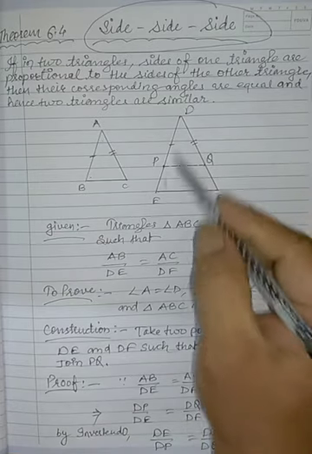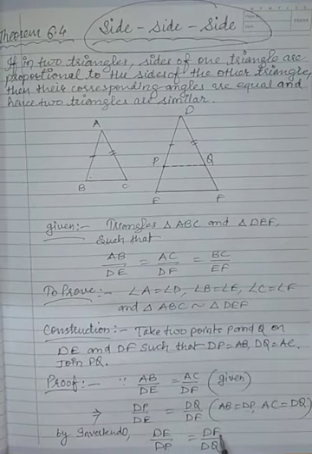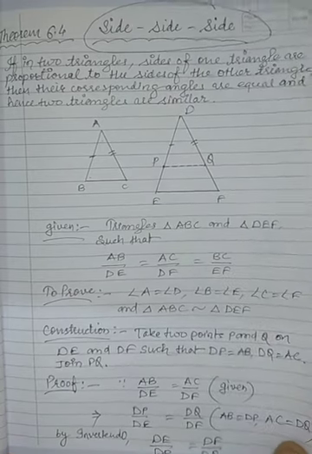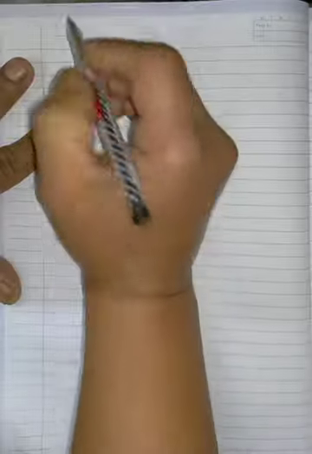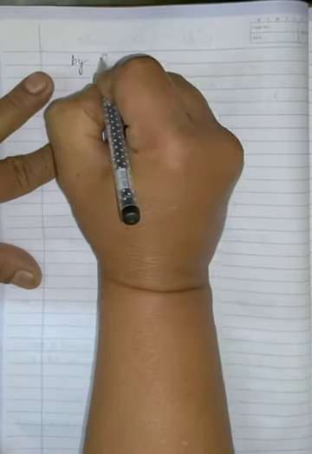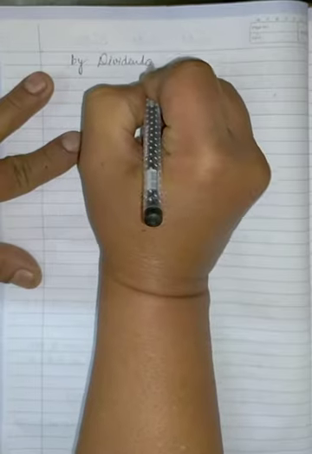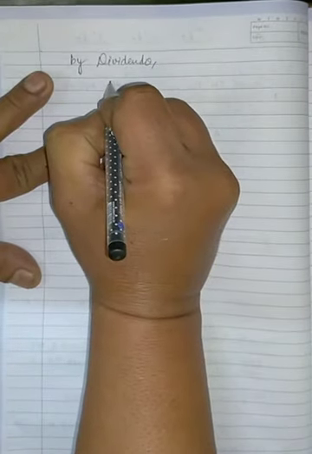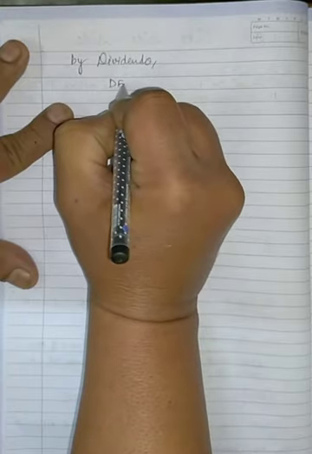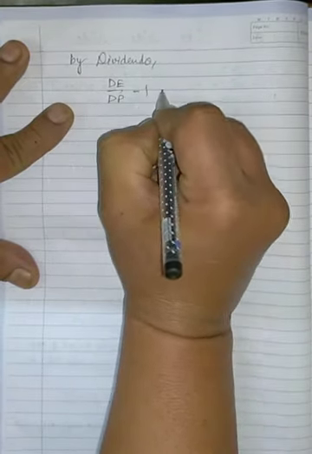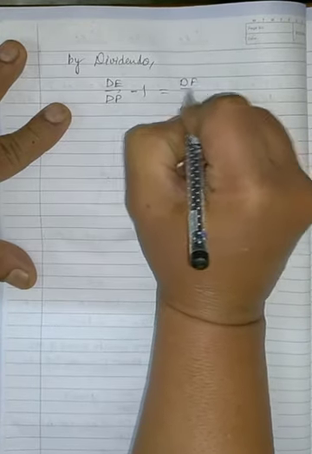Now DE and DF are the whole sides, and if from the whole side we want to take out the part, we apply dividendo in that. So here I will apply dividendo by subtracting one from both sides. By applying dividendo, DE upon DP minus 1 is equal to DF upon DQ minus 1.